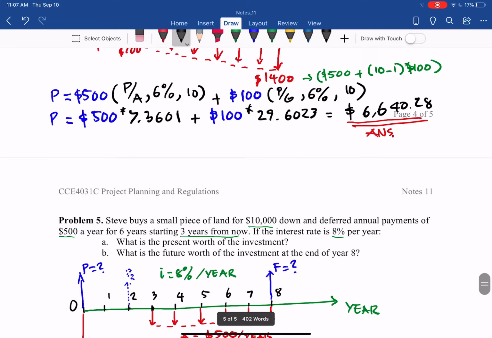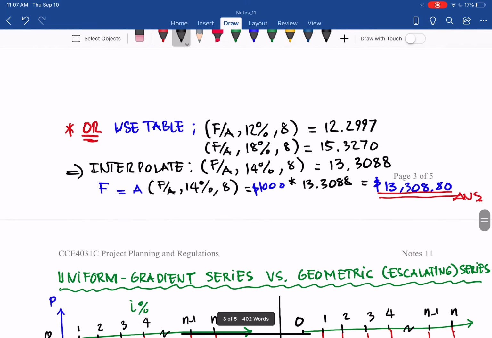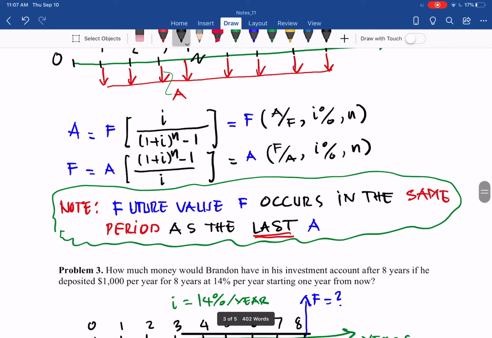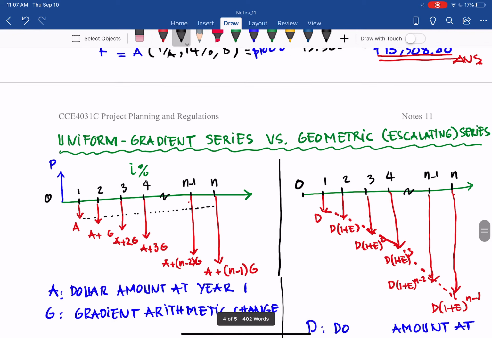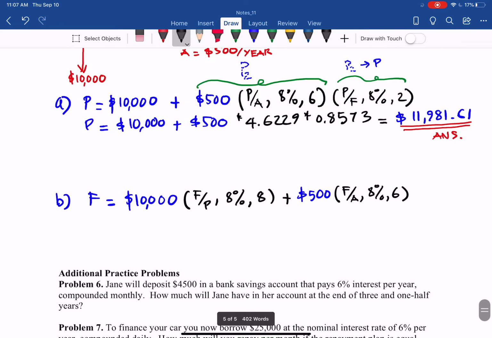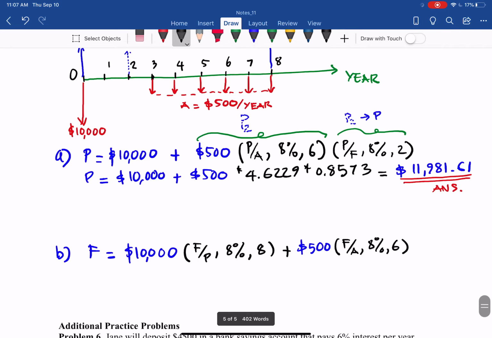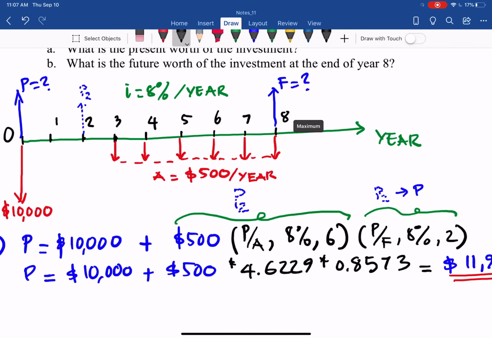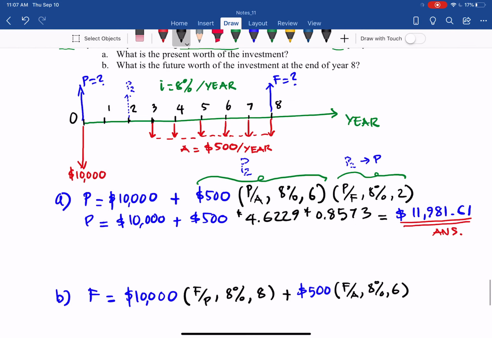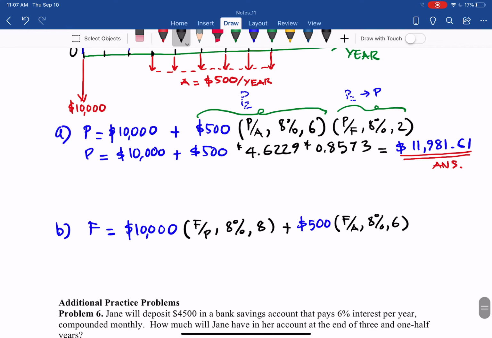And we already have the note. Go back to the note here. Future value F occurs in the same period as the last A. Do we have that here? Yes, we have that. Here, last A at year 8, F at year 8, so it's the same. So we're good. We can apply that equation and use the table.